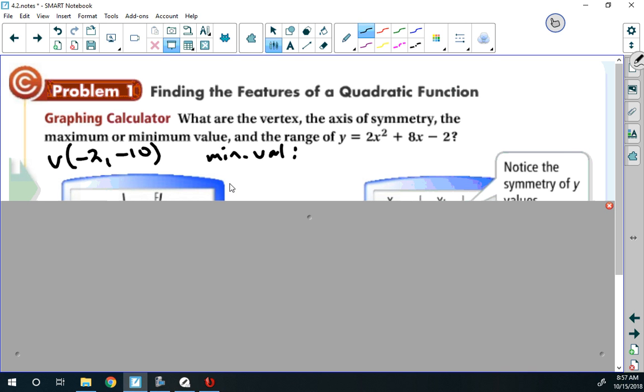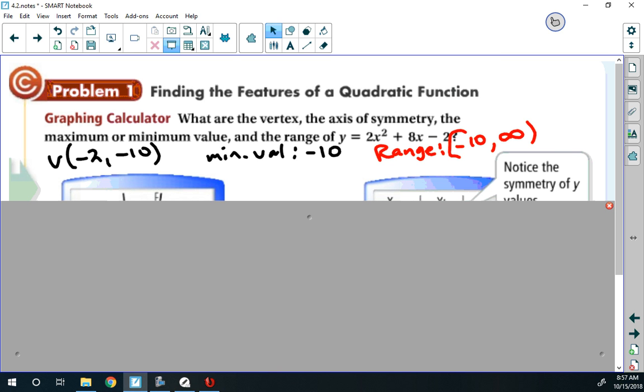The minimum value is -10. It's the y value of the vertex. Good. And then the range, since the graph opens up, is going to go from -10 up to infinity.